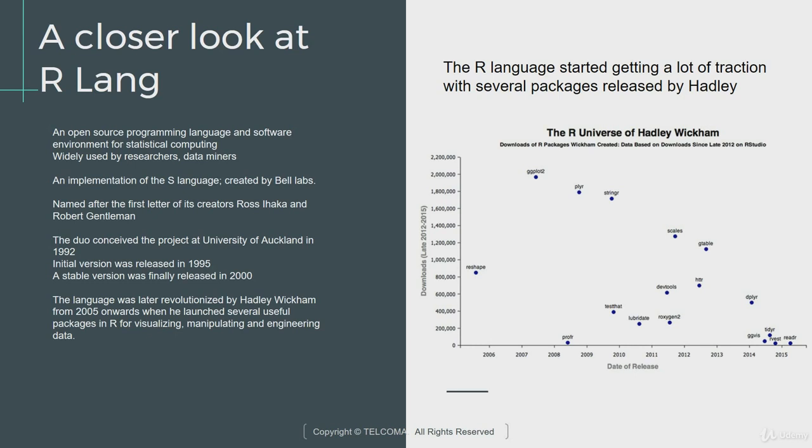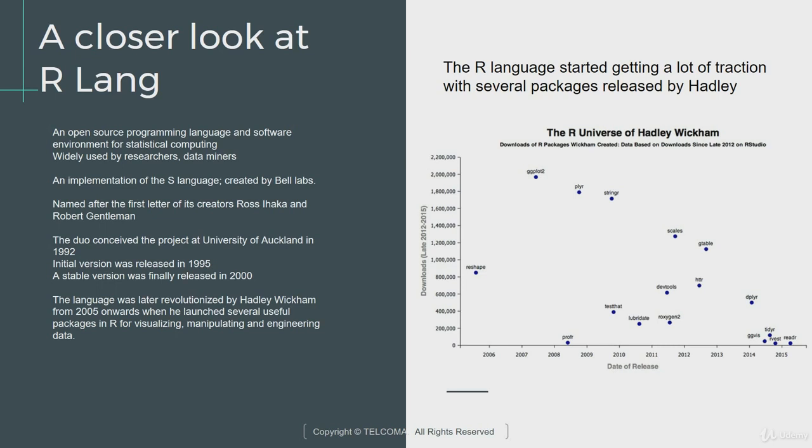Today, almost all libraries launched by Hadley Wickham are extremely popular and downloaded a million times. Almost the entire data science community using R leverages a package called dplyr for data manipulation. It makes the entire process very easy. Almost everyone visualizes data using a package called ggplot. Pivoting data is completely done using the package Reshape. There's a newer version called Reshape2, and so on.